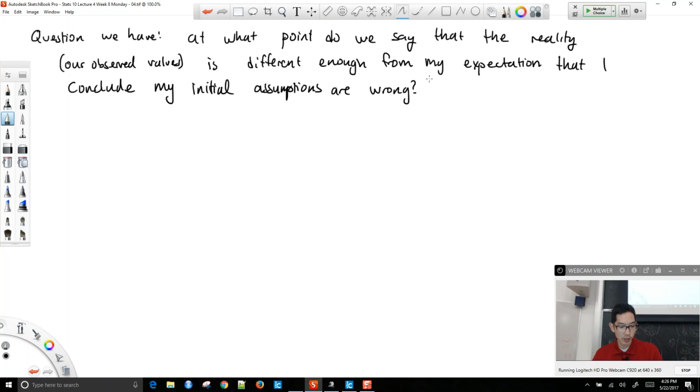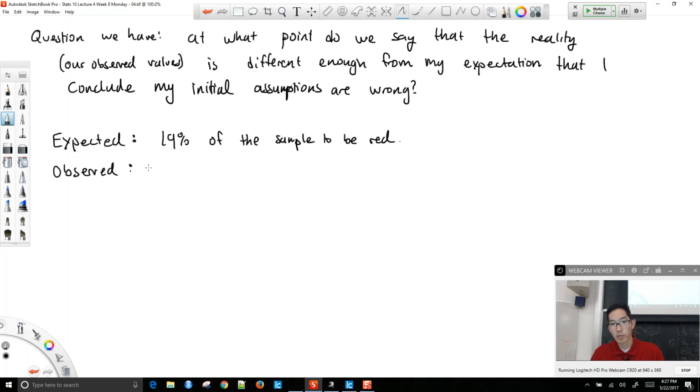All right, so let's say our expectation was 19% of the sample to be red, and what we observed was that 31% of the sample is red, where n is equal to 100.